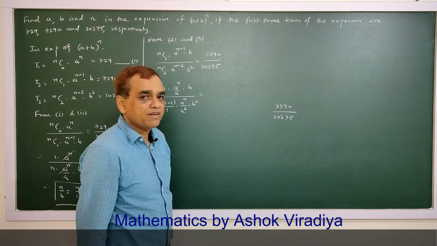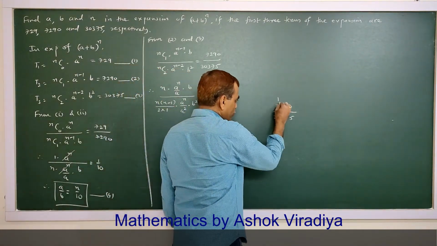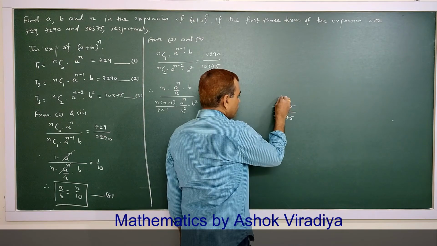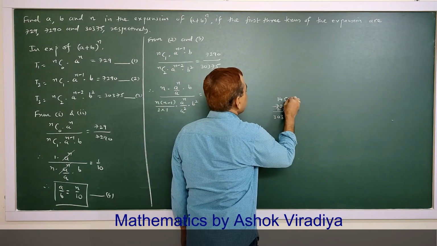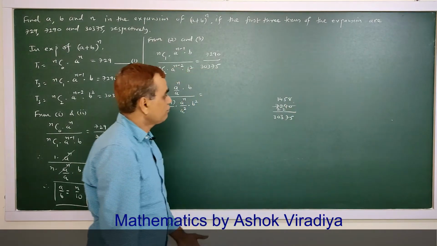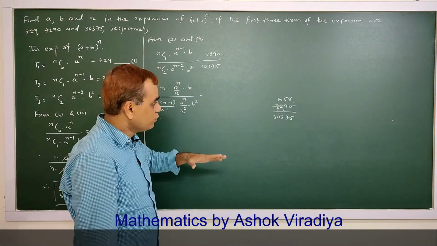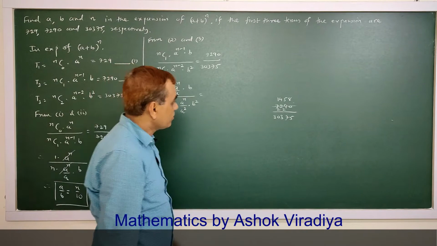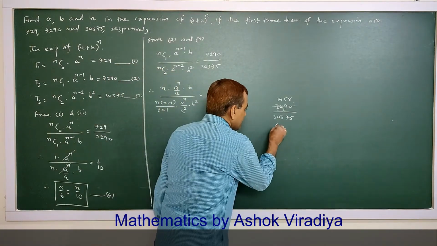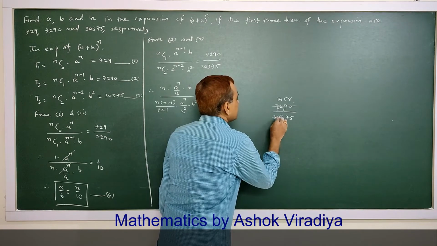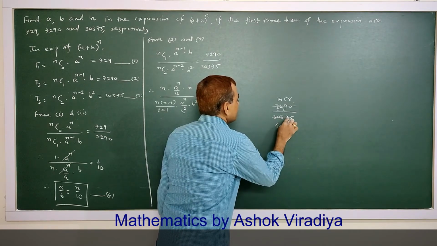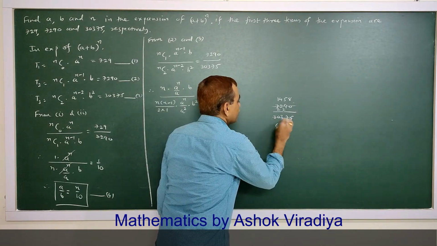Numbers are divisible by 5. So 1 into 5 is 5, 4 into 5 is 20, 5 5s are 25, 8 5s are 40. So 1458 into 5 is 7290. Here dividing by 5, 6 into 5 is 30, 7 into 5 is 35, 5 into 5 is 25.